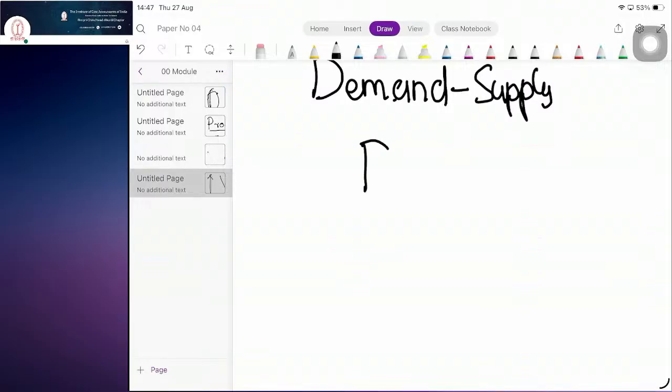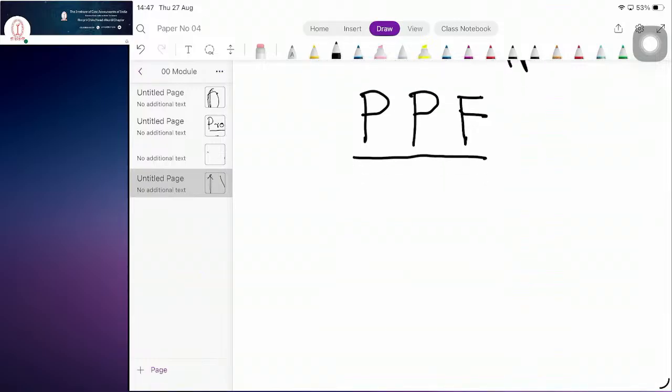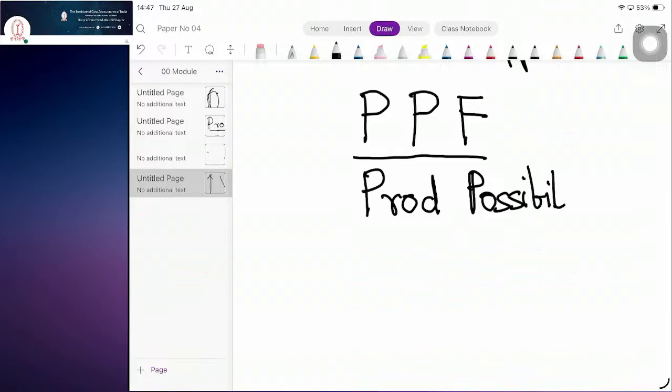Please write what PPF stands for. Very good, excellent. It stands for the production possibility frontier. I'm very happy that somebody answered this question.